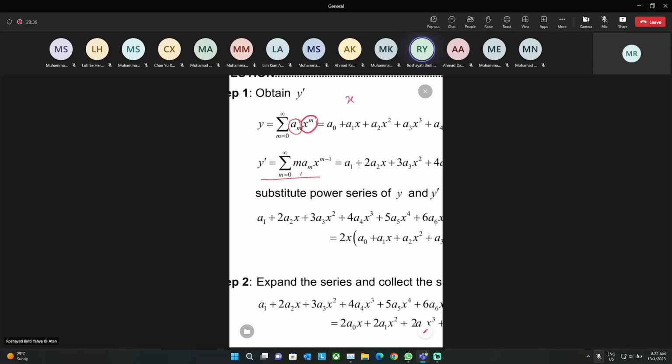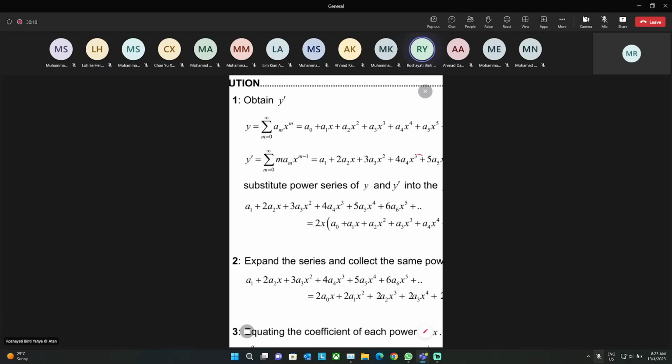The power of your x needs to minus 1, and m is put in front, and that's why you get this. This is a differentiation using a letter representation.